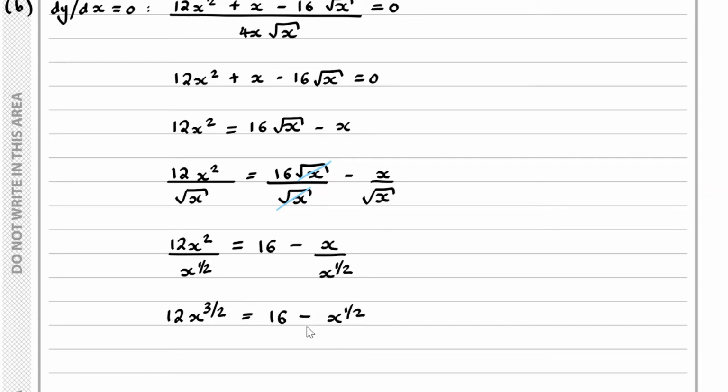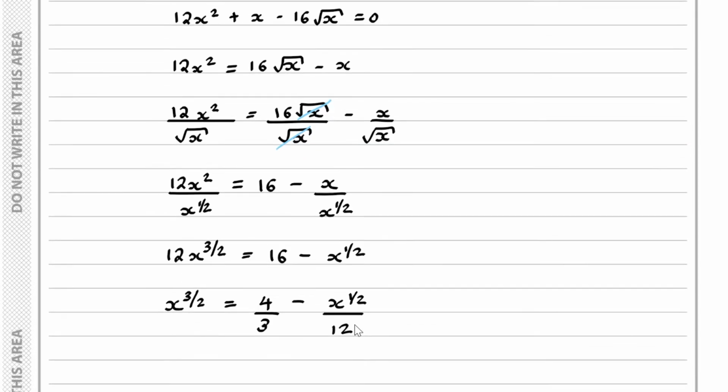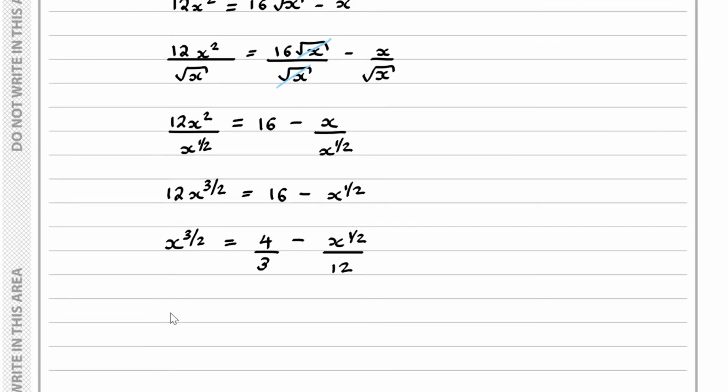And if we divide both sides by 12, we have x to the power of 3/2, which is equal to 16 divided by 12, which is 4/3, minus x to the power of 1/2 divided by 12. So, to get x by itself, we can raise both sides to the power of 2/3.